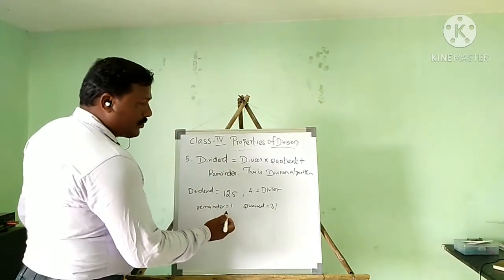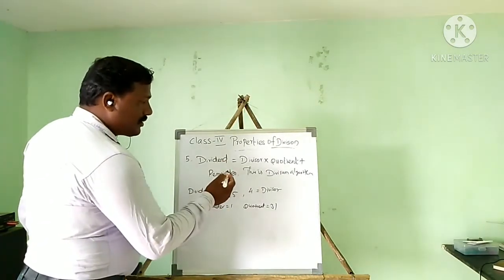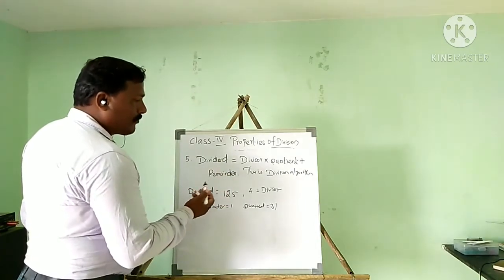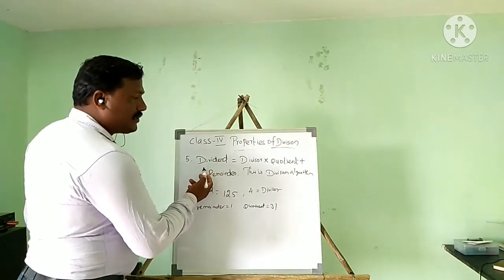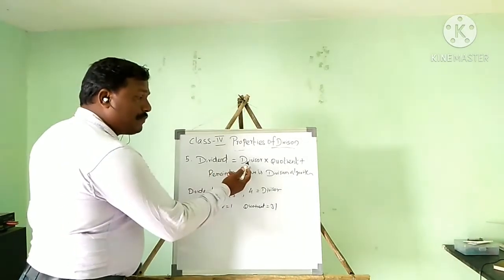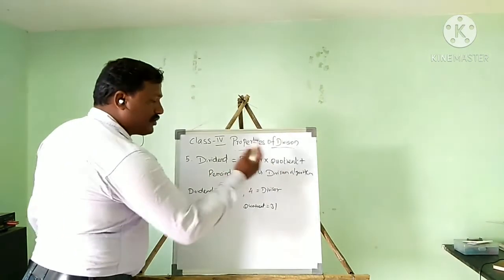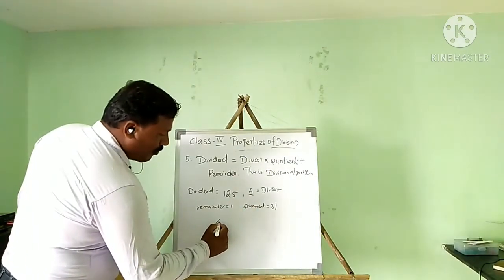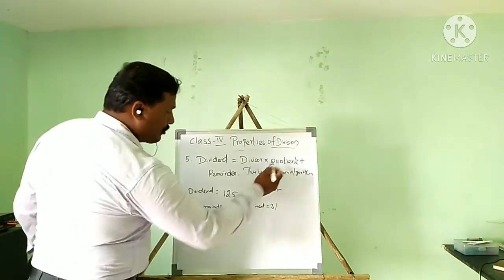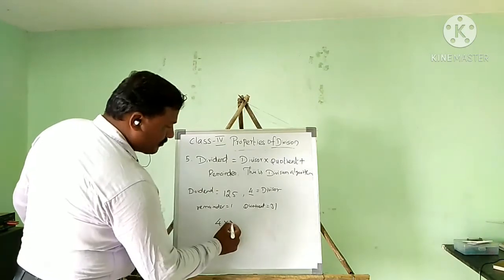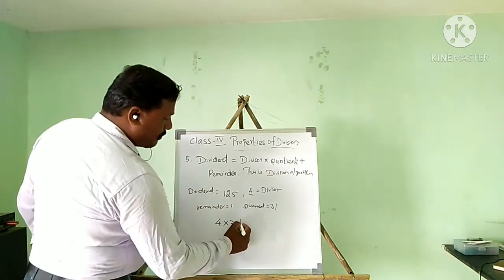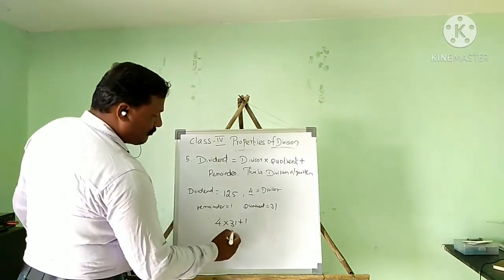What is the algorithm? To get the dividend, you multiply the divisor and the quotient. Divisor is 4, so 4 multiplied by the quotient 31, then add the remainder, plus 1.